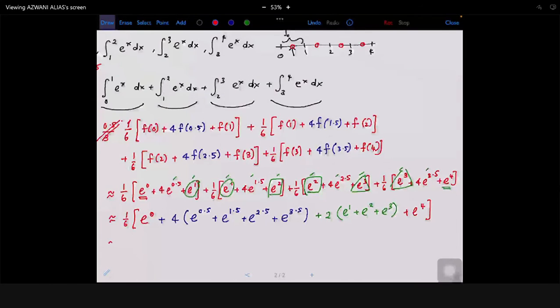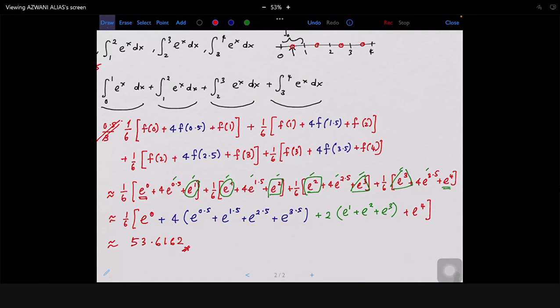So calculate all of this, you akan dapat, cuba check. Cuba calculate jap. Habis dapat 53.6162. Yes.